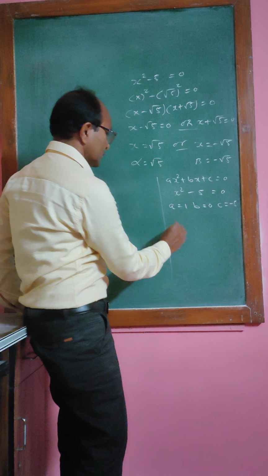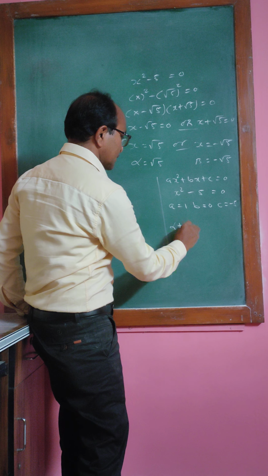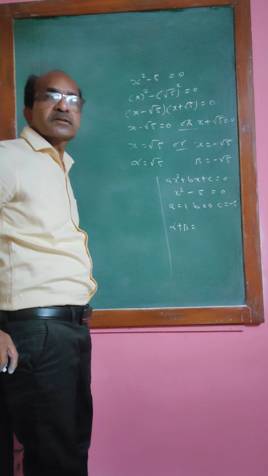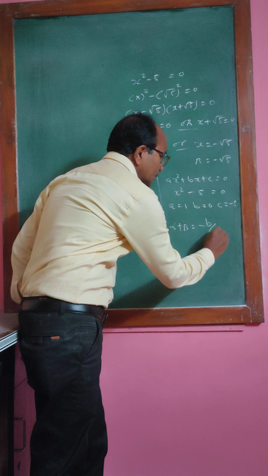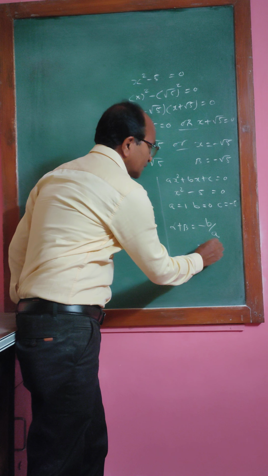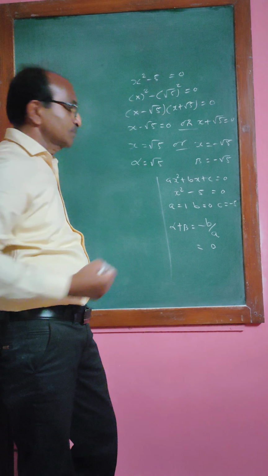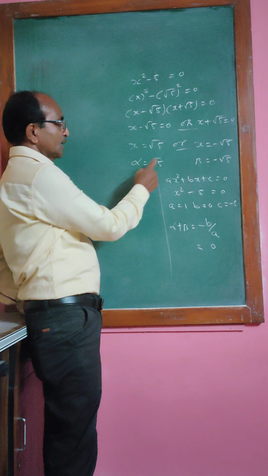First of all, alpha plus beta, the sum of the two roots, is equal to, using the formula, minus b upon a, minus 0, so alpha plus beta is equal to 0.